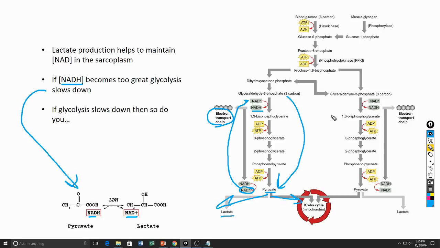So, if we relate this back to the real world, when do you actually produce lactic acid? Once again, it's typically not when you're leisurely walking somewhere. When your energy demand is low, you don't typically produce lactic acid.